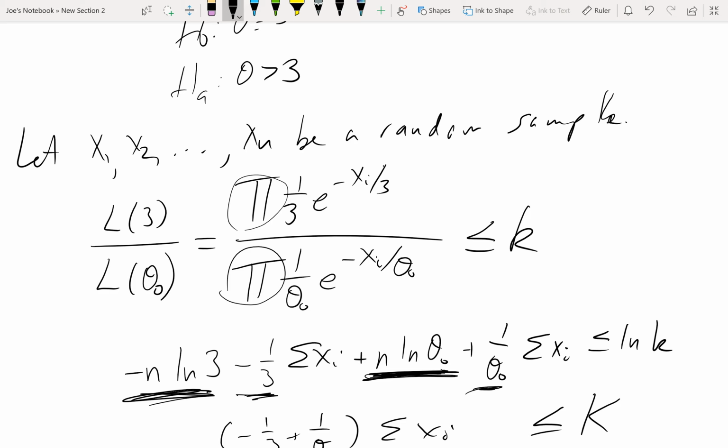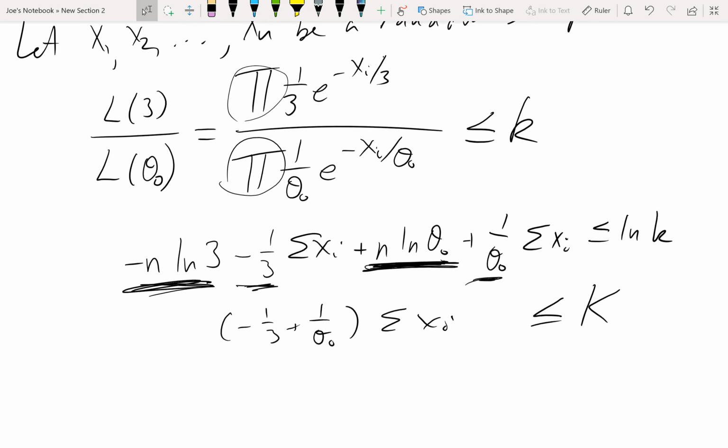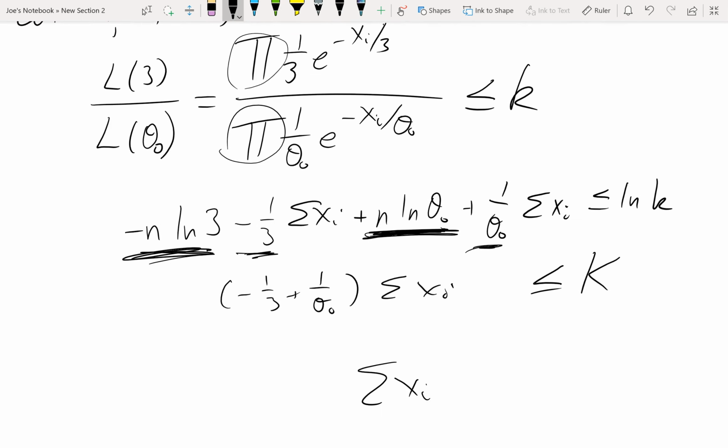When I divide this to the other side, I'm dividing by a negative number because 1/3 is bigger than 1 over theta naught, right? So this becomes sum of the x sub i's is greater than or equal to some constant. I'll call it c. Because again, all we really care about is that it's a constant. Does that make sense? Okay with that? All right.